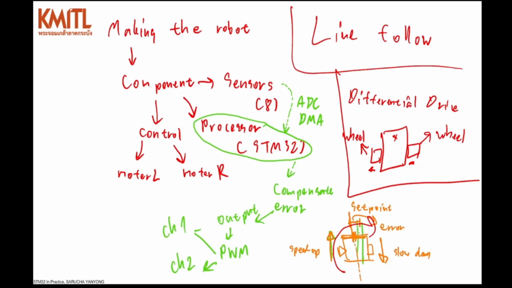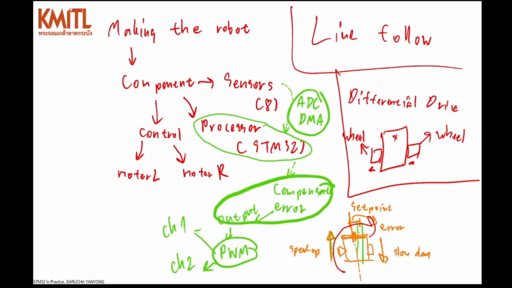You already learned PWM. You already learned the ADC and DMA. The thing that you have to learn today is how to create the output and the compensation. So right now we have the output to channel 1 and channel 2.